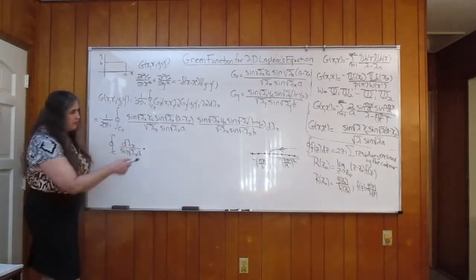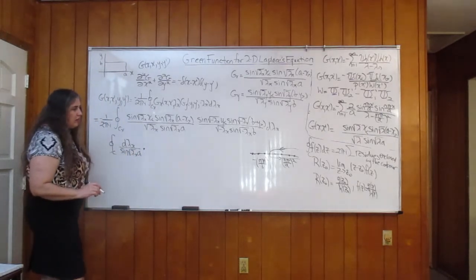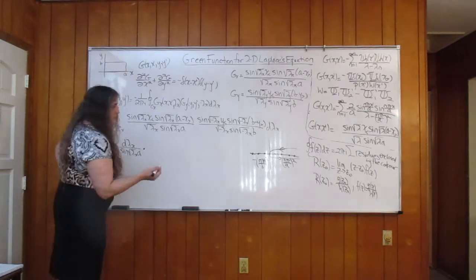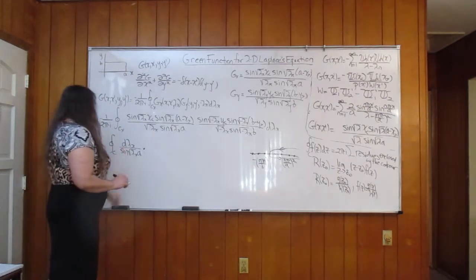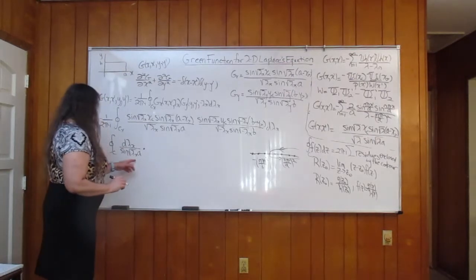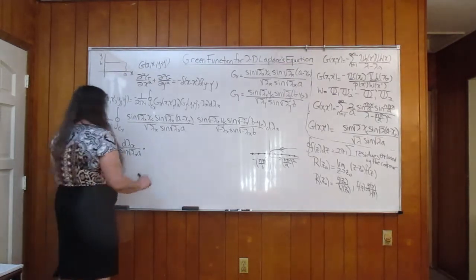Okay, so basically if I look at the second form down here, g of z would just be equal to 1, and h of z would be equal to sine square root of lambda x times a.